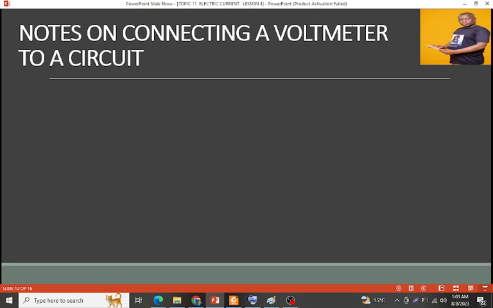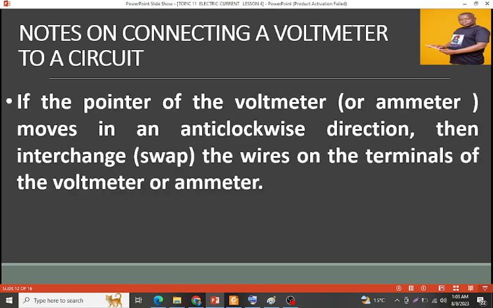Now, there are some points that I want you to note when you are connecting a voltmeter in a circuit.